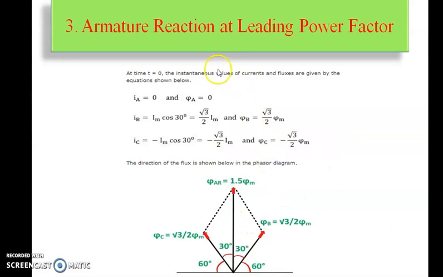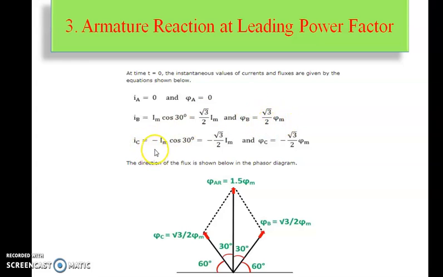Now again we are showing, at the time t equals 0 instant, the instantaneous values of current and fluxes are given by the equations shown below. IA equals 0 and hence phi a equals 0. So IB equals Im cos 30 degrees, that is root 3 by 2 Im, and phi b equals root 3 by 2 phi m.